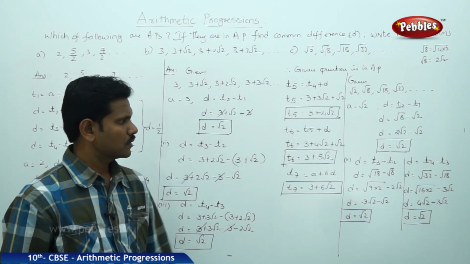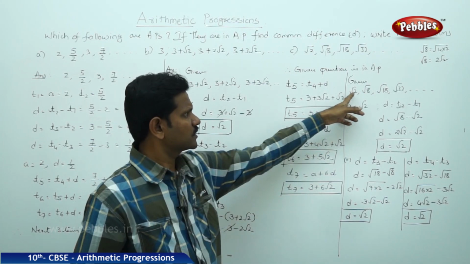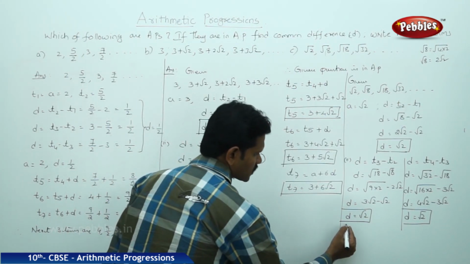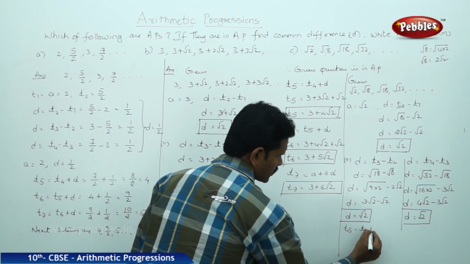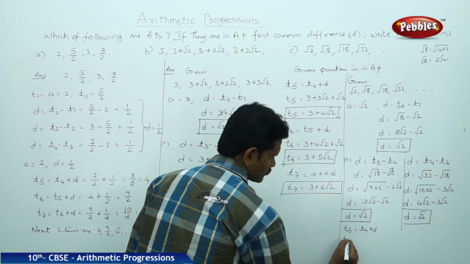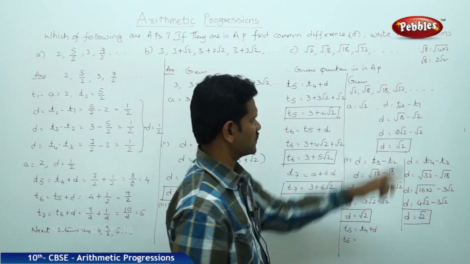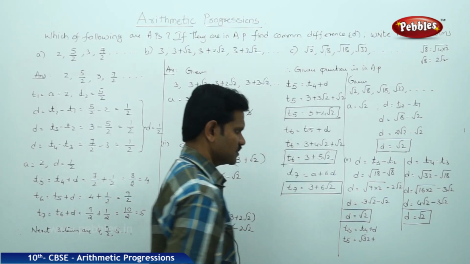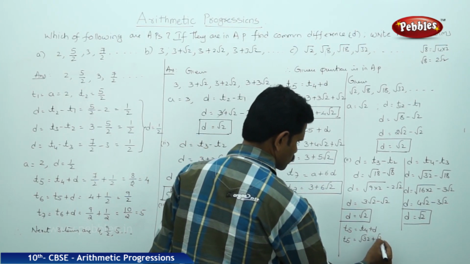Now we have to find out the next three terms. T1, T2, T3, T4 are given. Now we have to find out the T5. T5 is equal to T4 plus D. T5 is equal to, what is the T4? T4 means root 32, plus common difference root 2.